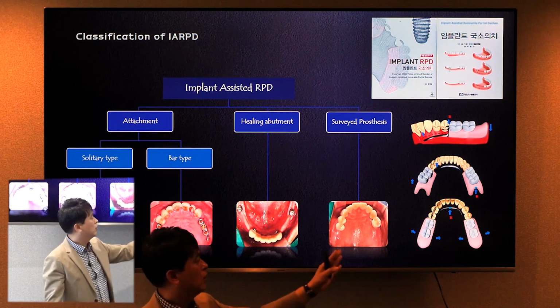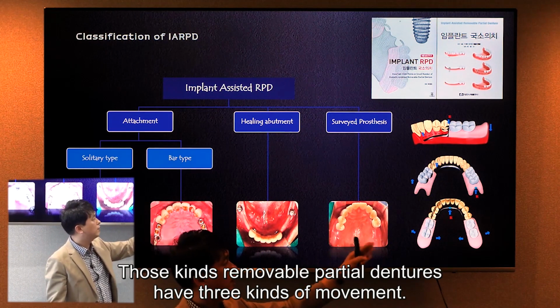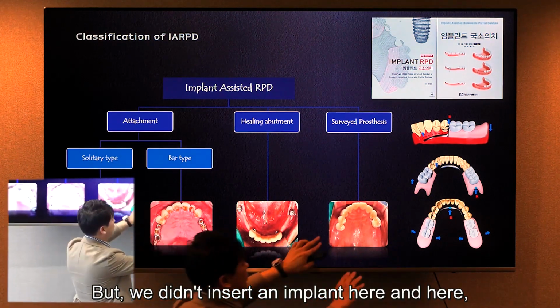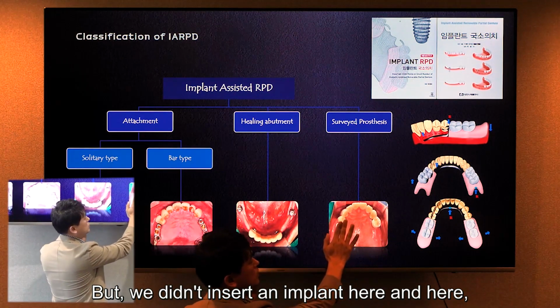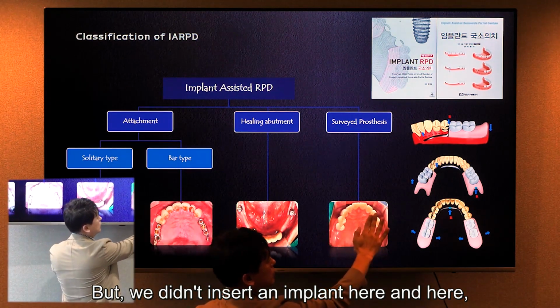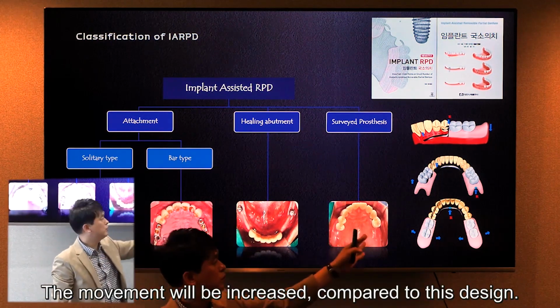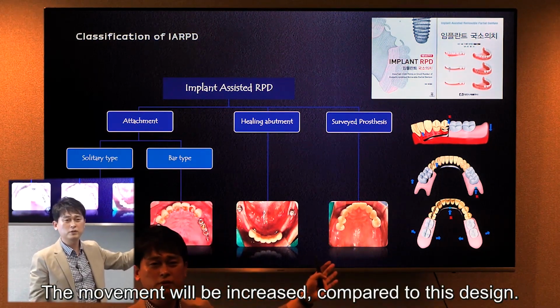Yeah. So this kind of partial denture has the three kinds of movement. But if we didn't insert implants here and here, and this patient had only anterior teeth, the movement would be increased compared with this design.